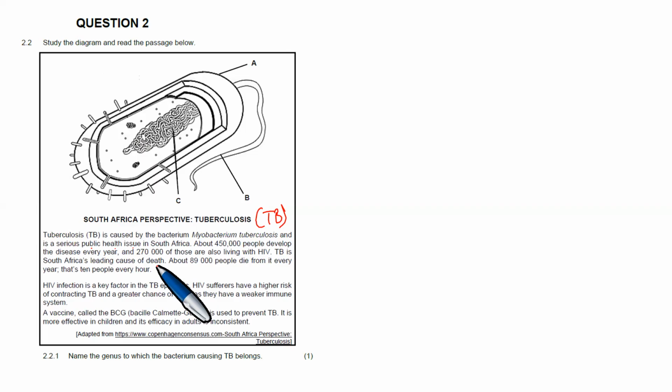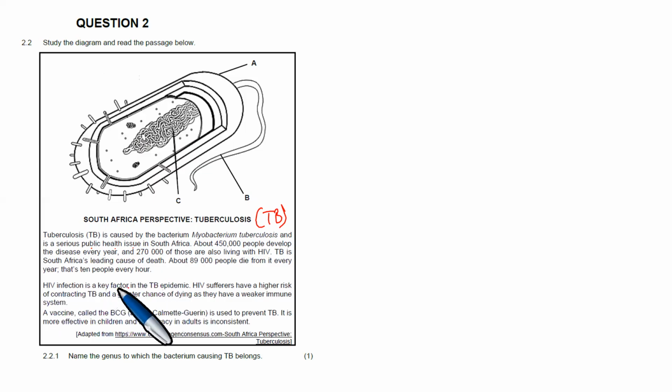This coughing disease. About 89,000 people die from it every year. 89,000 South Africans die from TB every year. Because of that, the government must gear up. That's 10 people every hour. It means 10 people every hour die because of TB.